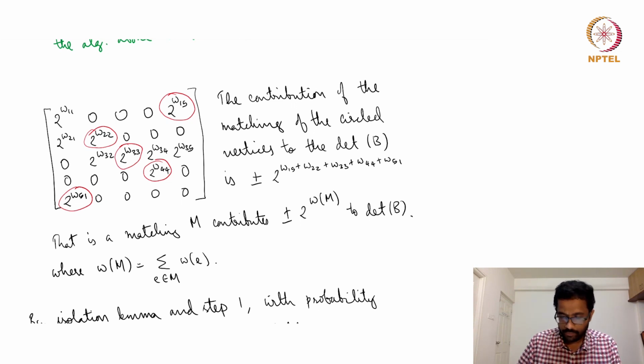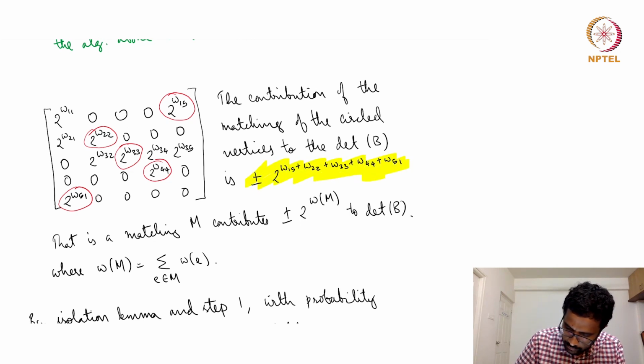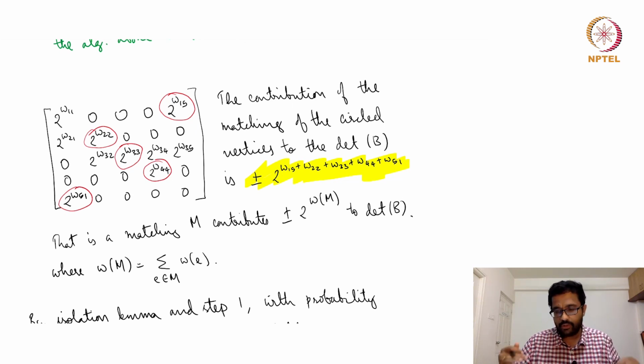The product of these powers of 2 can be written by adding up the exponents: 2 power W15 plus W22 and so on. So instead of multiplying the powers of 2, you could write it as 2 power the summation.